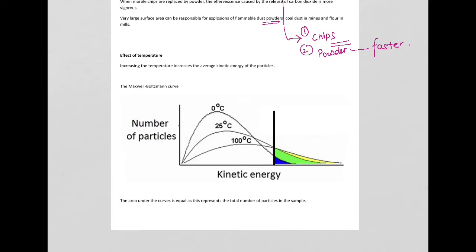So if we consider this Maxwell-Boltzmann curve over here, this line indicates the activation energy. And the first curve over here is showing the energy of the particles at 0 degrees.